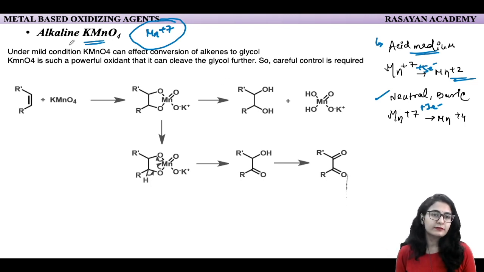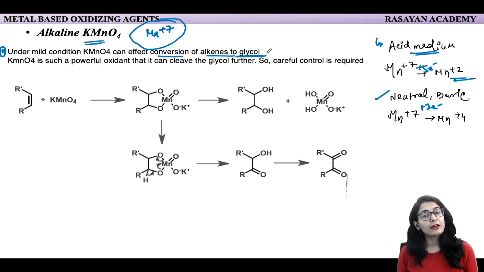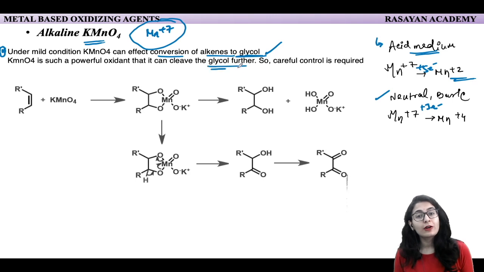First thing, under mild conditions, KMnO4 can affect conversion of alkenes to glycol. Glycol तक वो तभी रहेगा when the conditions are mild. When KMnO4 is taken in aqueous medium, because aqueous medium में it will itself be very powerful oxidant, it can cleave the glycol further to give you aldehydes.